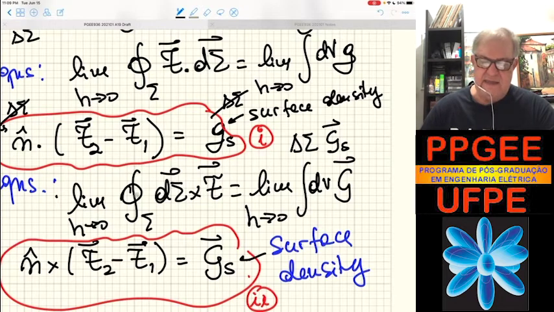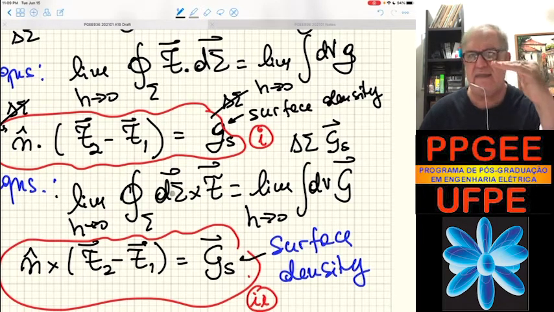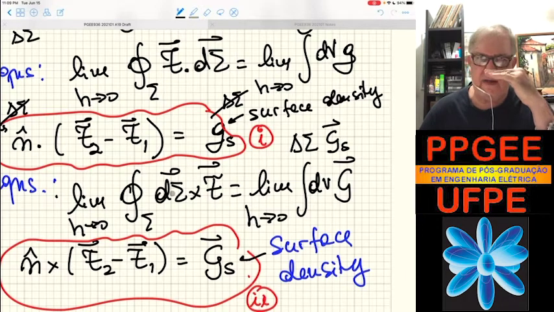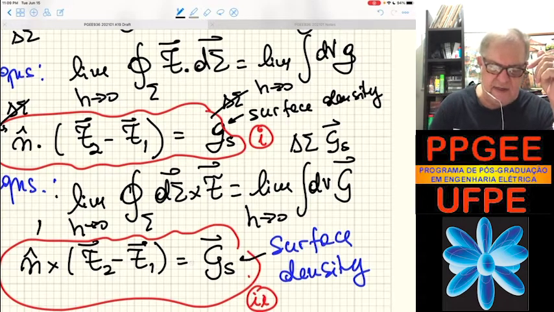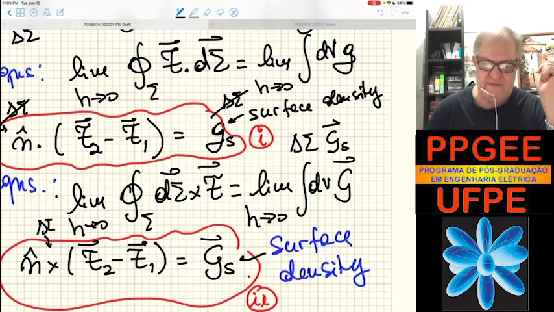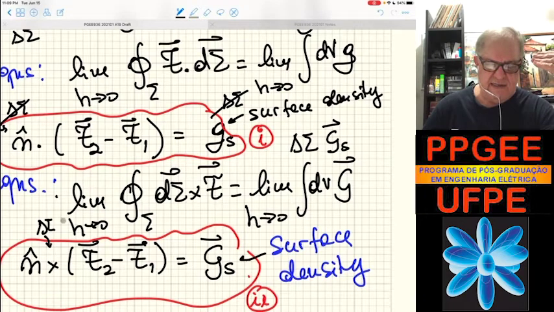On the other hand, this integral is going to have contributions on the top surface of the cylinder and the lower surface, which are going to be proportional to delta sigma, so delta sigma cross product with F on side 2, and delta sigma cross product with F on side 1.